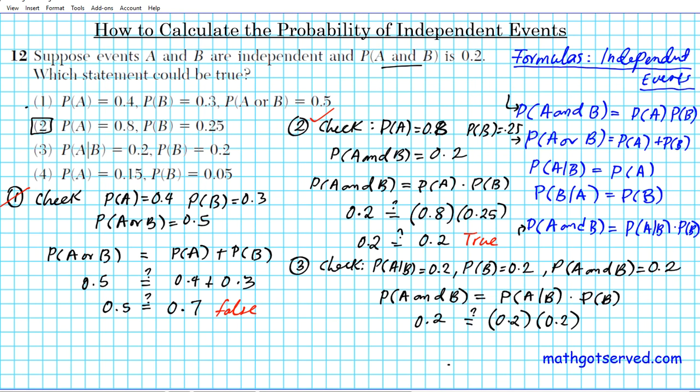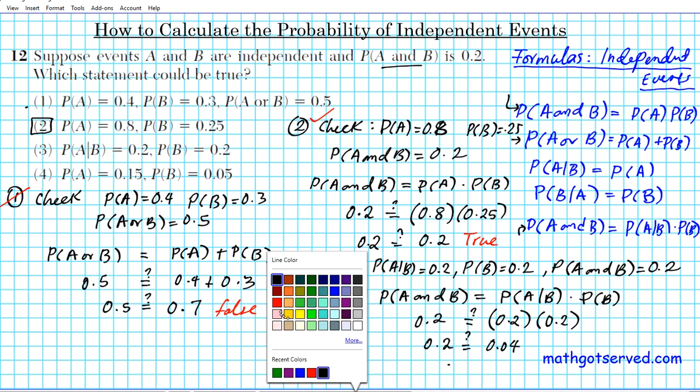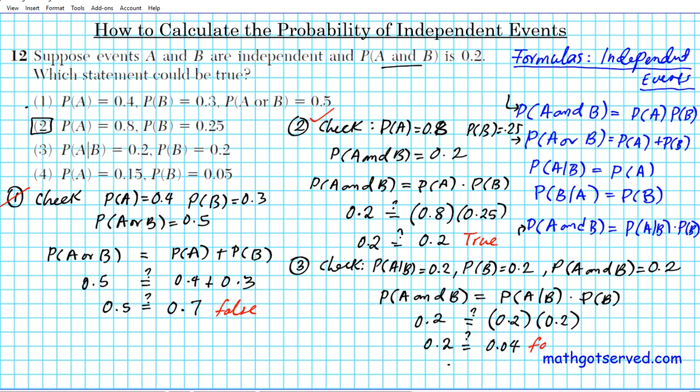So the question is, is 0.2 equal to 0.2 times 0.2, which is 0.04? Is it? Nope, that's a false statement, which helps us to see that option number 3 is not the correct answer.